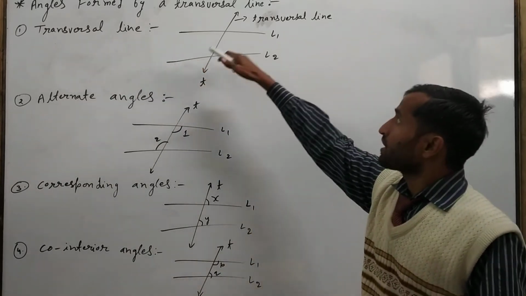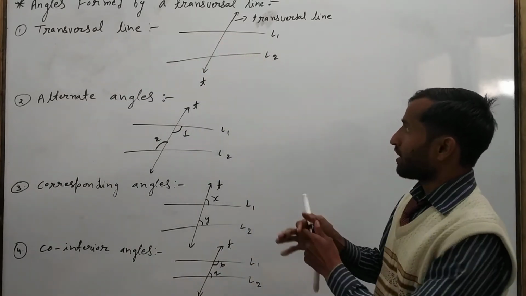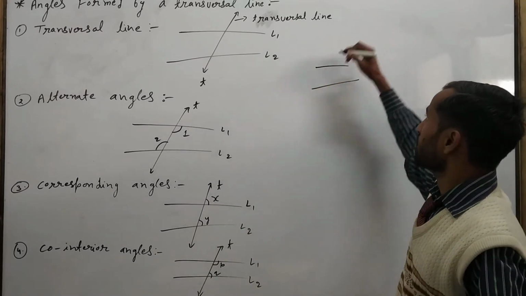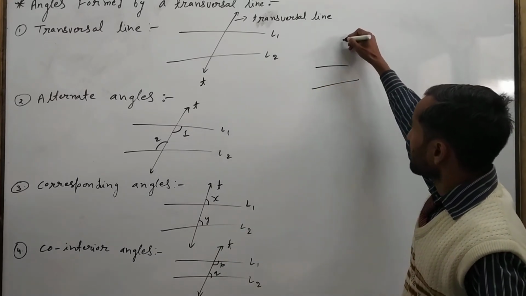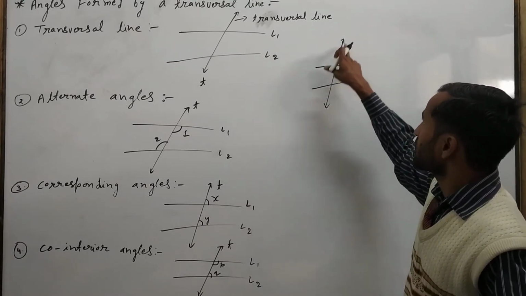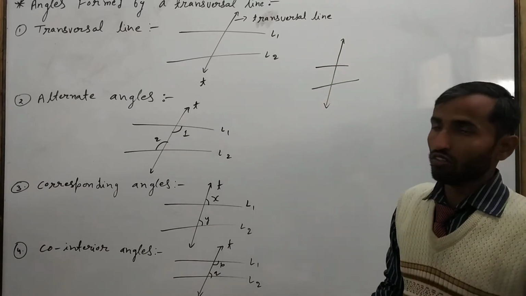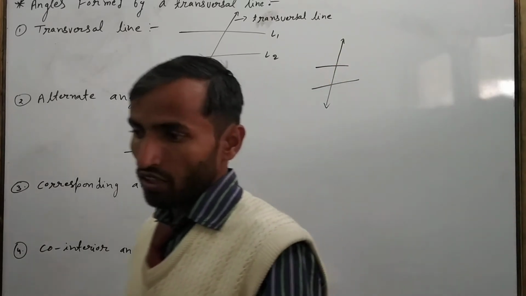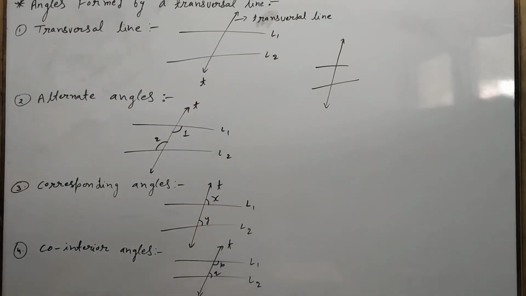Just you see here, if two lines lie in a plane and a third line intersects both the lines, then this line is called the transversal line of these two lines. These two lines may be parallel or may not be parallel, that depends on the situation.